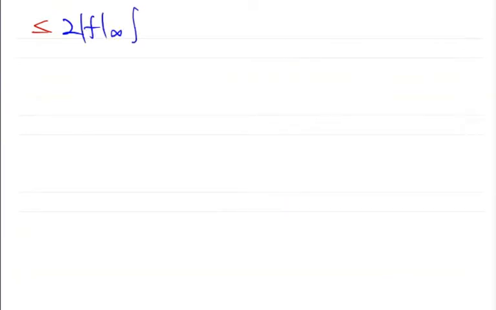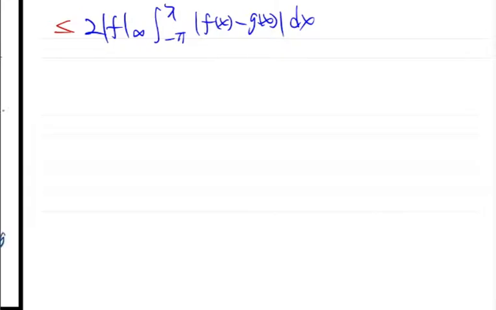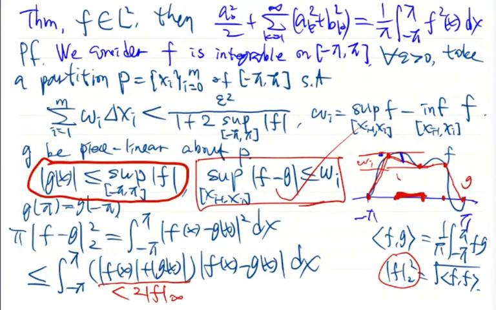Then the integral from −π to π of |f(x) − g(x)| dx. To use this property, we divide the integral from −π to π into integrals over the small subintervals.